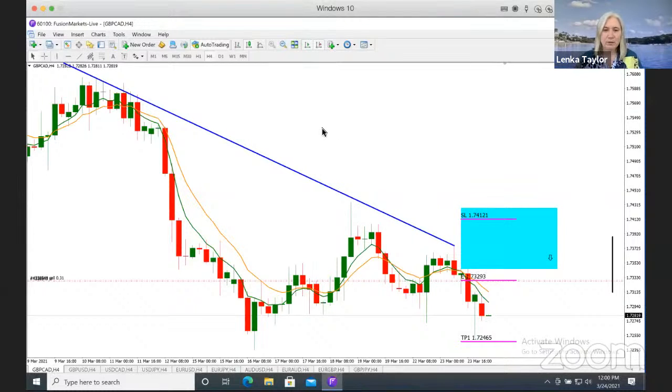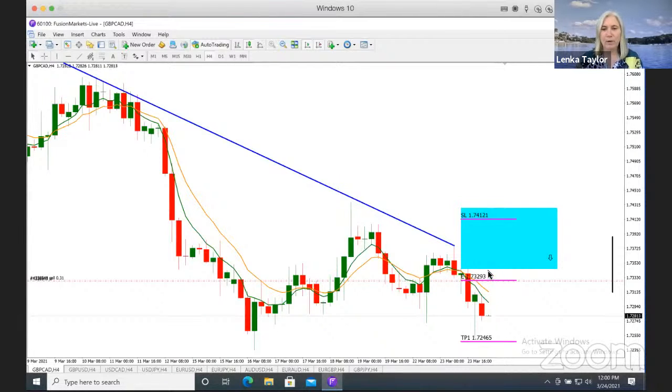All right, so the first chart I'm going to look at is GBP CAD. I was looking for a short setup yesterday and it did come about. So I have entered that trade.